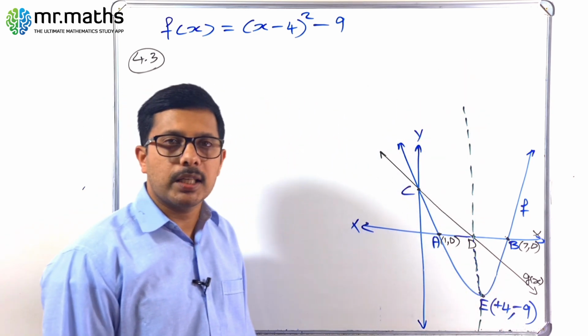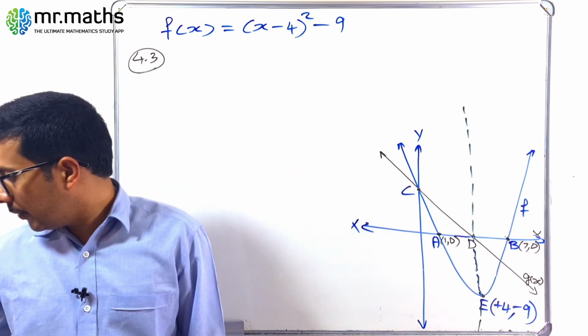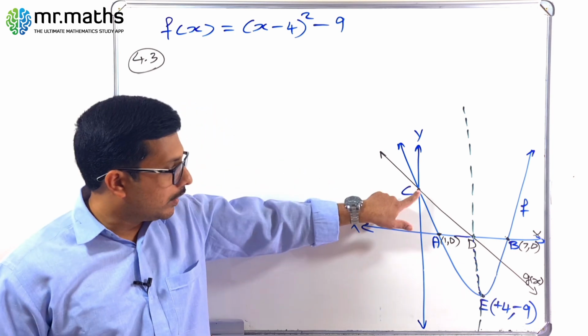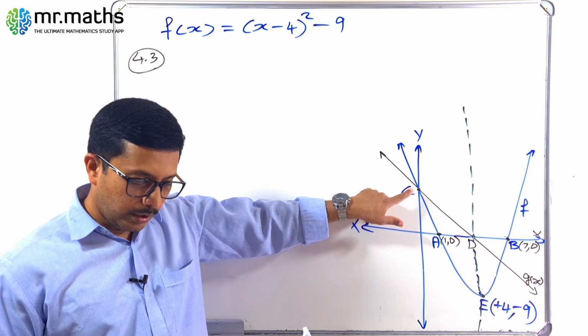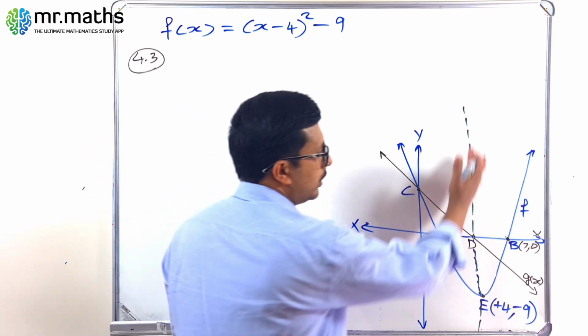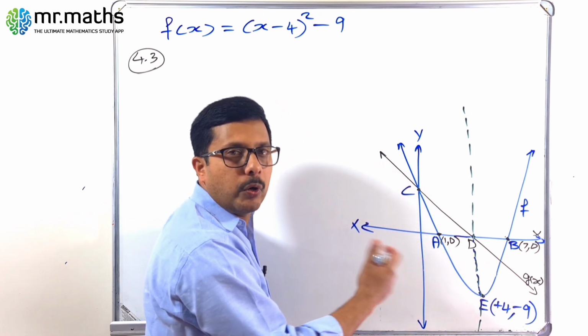Okay, and what is that sentence? M is the reflection of this point C in the axis of symmetry of F. So this is the axis of symmetry, and there is a point M. We don't know where that point M is.